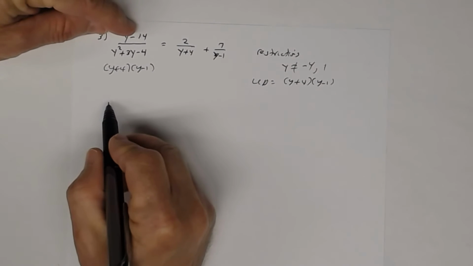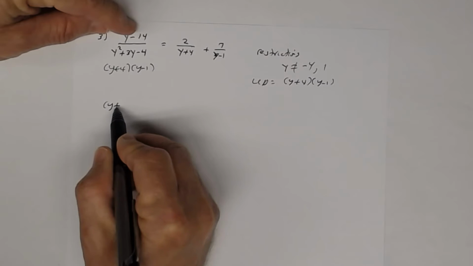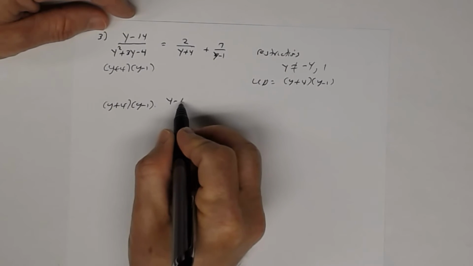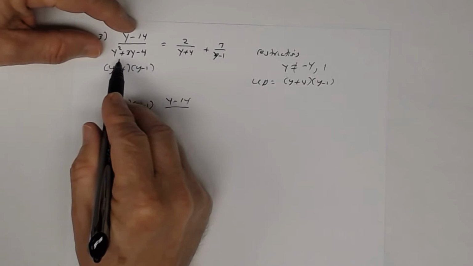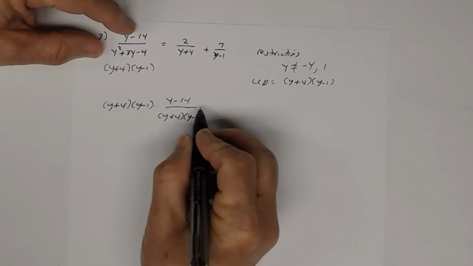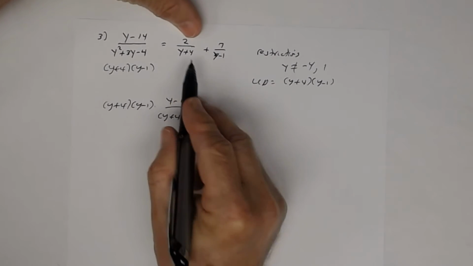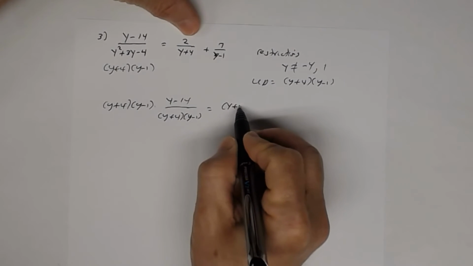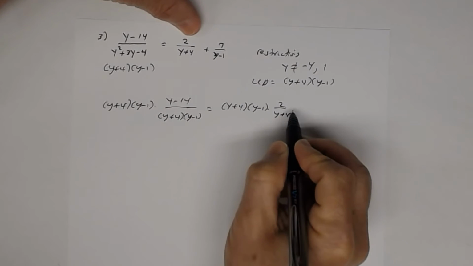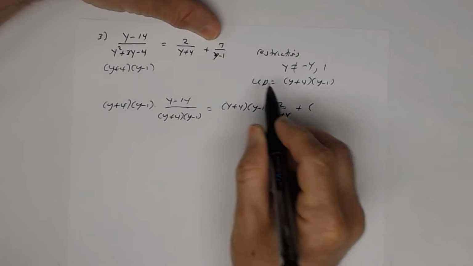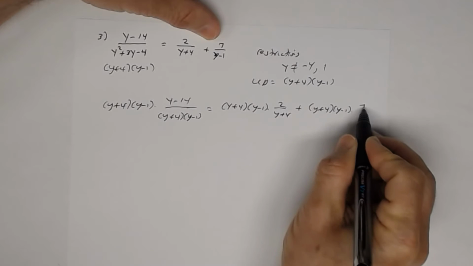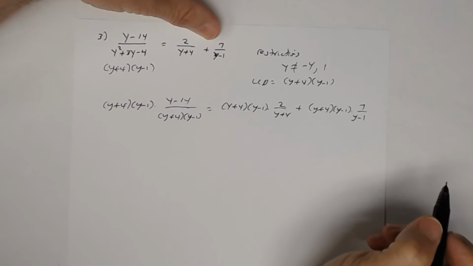So in other words, you're going to say y plus 4 times y minus 1 times this fraction, y minus 14 divided by, and I'm going to go ahead and write this in factored form, y plus 4 times y minus 1, equals, and then the LCD times this fraction, y plus 4 times y minus 1 times 2 divided by y plus 4, plus, and then the LCD times this fraction, y plus 4, y minus 1 times 7 divided by y minus 1.